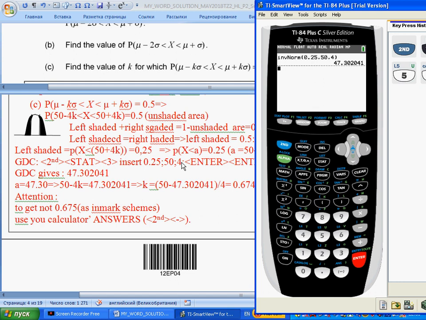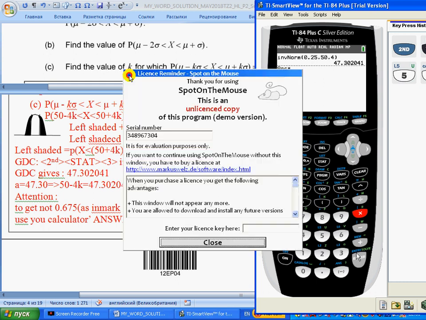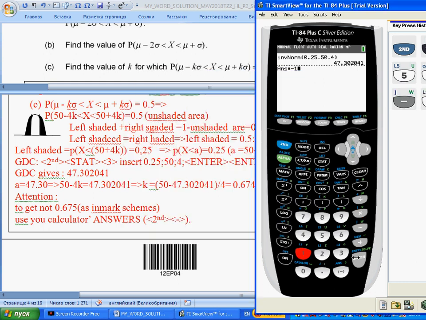So k will be 50 minus our value, divided by 4. I chose the wrong minus, so, okay, let's clear.